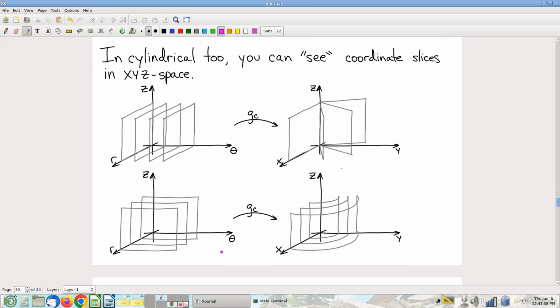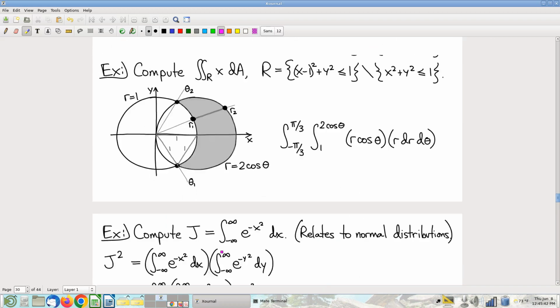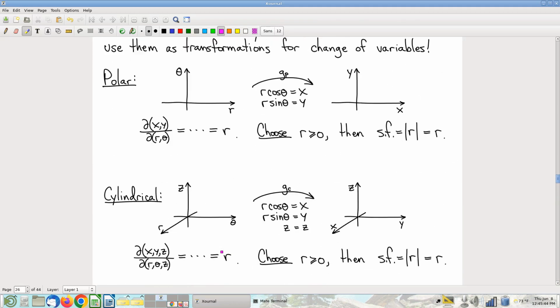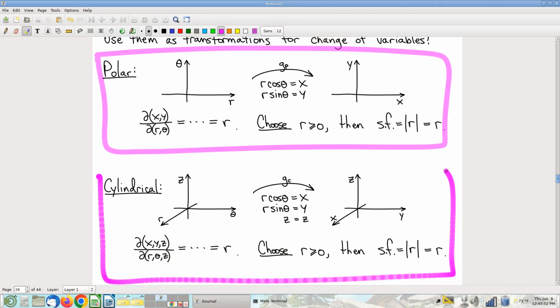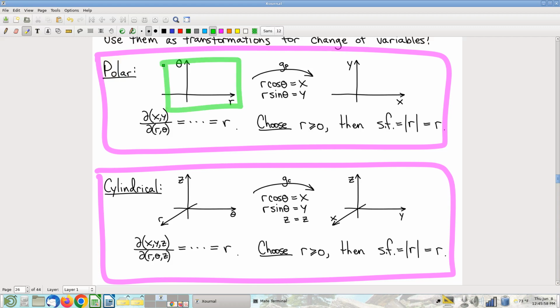So I'm going to move on now to cylindrical coordinates, and cylindrical coordinates are shockingly similar to polar coordinates. Let me just remind you, here was our sort of stretching factor calculation for polar. Here it is for cylindrical, and big surprise, the r and theta in polar and in cylindrical are kind of the same thing, right?